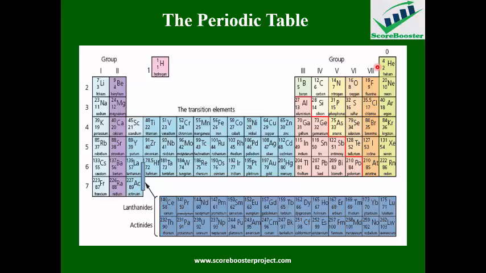Definitely it has one shell, and again that shell is the outermost shell. Then with that, hydrogen that contains one electron in the outermost shell belongs to group 1.